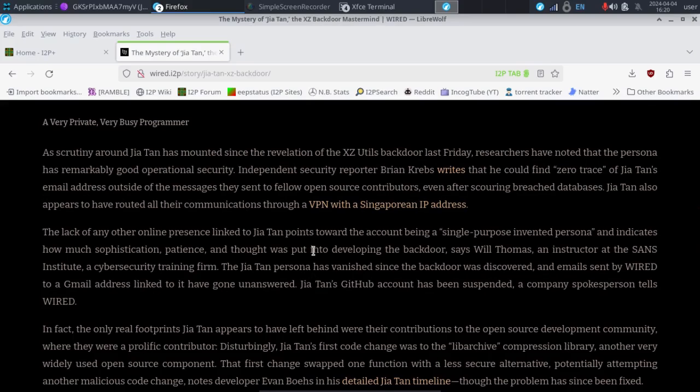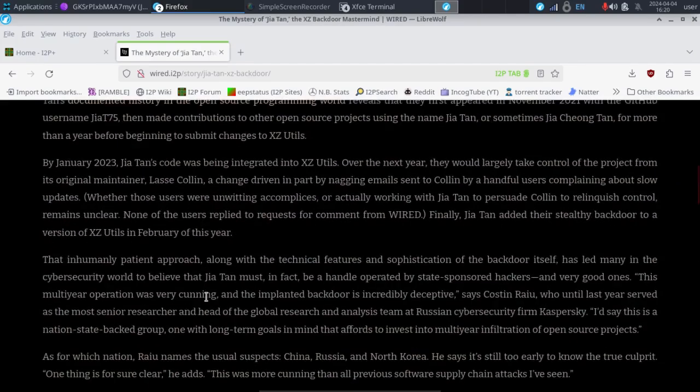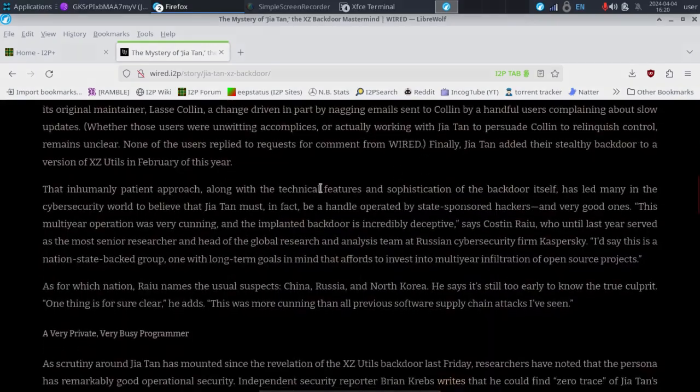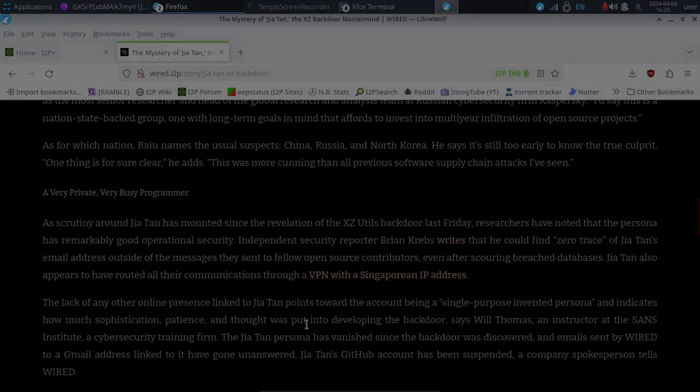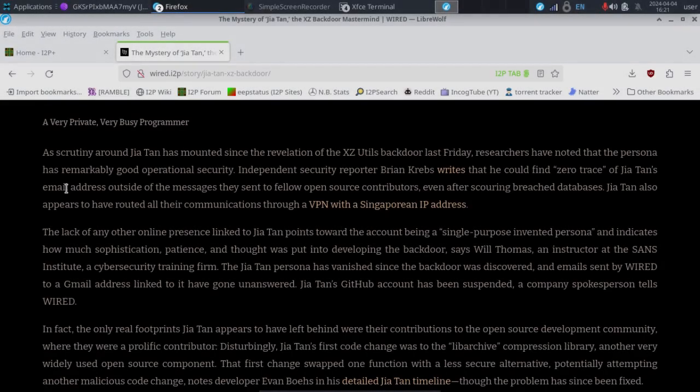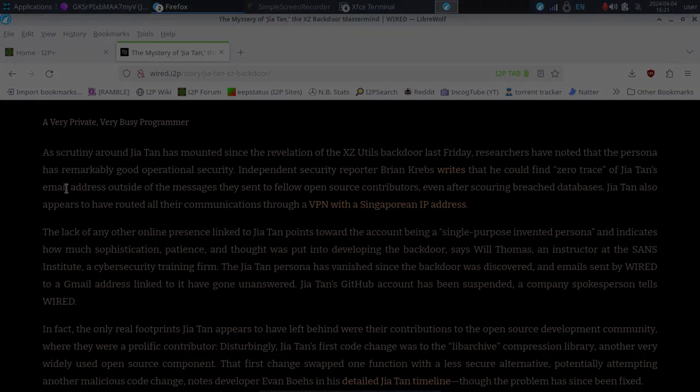So I do not believe the maintainer, Colin, had any involvement in this. I believe they were social engineered into this. They also noted that there was zero trace of Jia Tan's email address outside of the messages for the xz-utils project. So it shows that this was an email created specifically for this operation to backdoor the xz-utils.